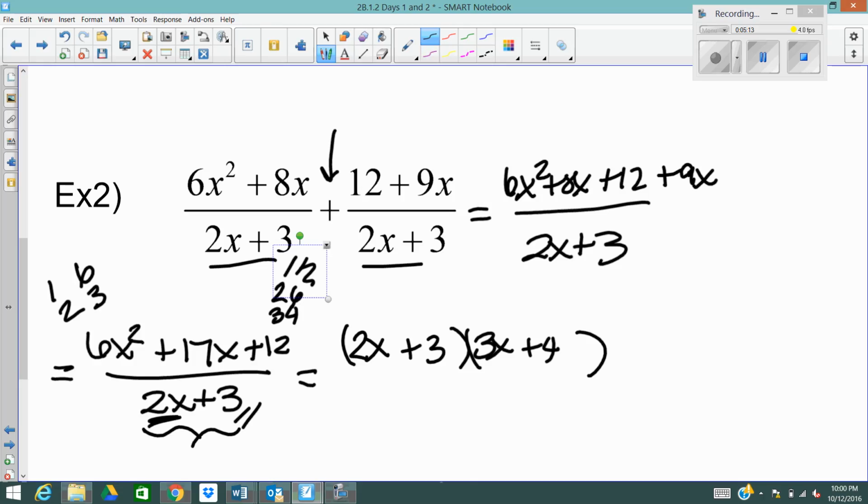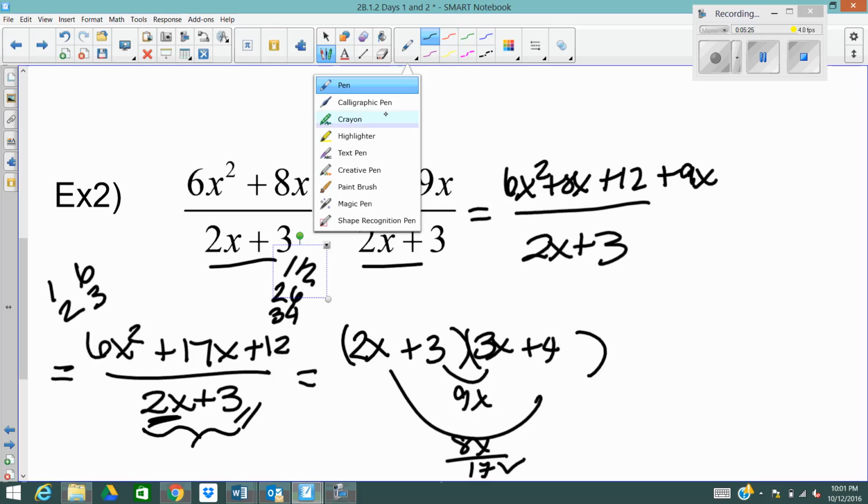Now let's double check. That gives me 9x, that gives me 8x, which adds to give me 17x, which is what I want. Awesome.